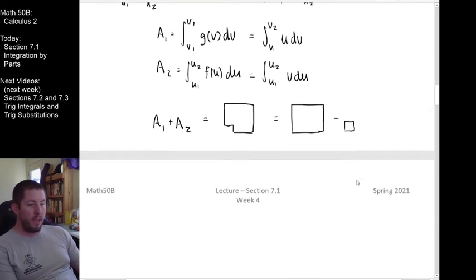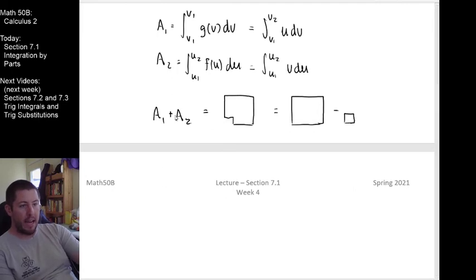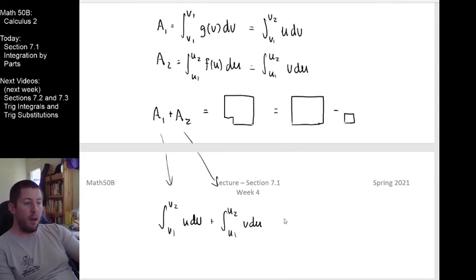So it seems to me like it should be reasonable for me to add together these two integrals, a1 plus a2. That's going to be the integral from v1 to v2 of u dv, plus the integral from u1 to u2 of v du. That's a1 plus a2. And what this should be equal to is the entire area of that whole rectangle minus that little tiny area down there.